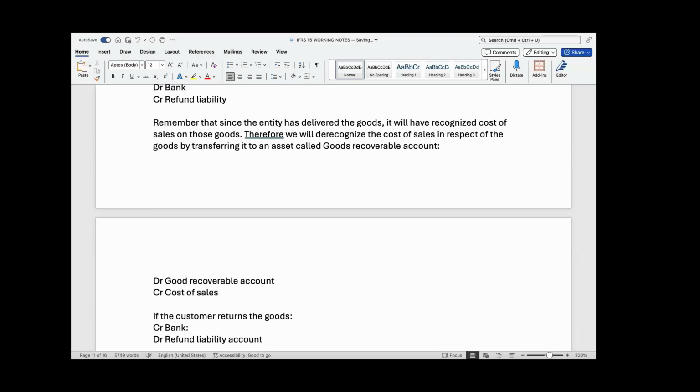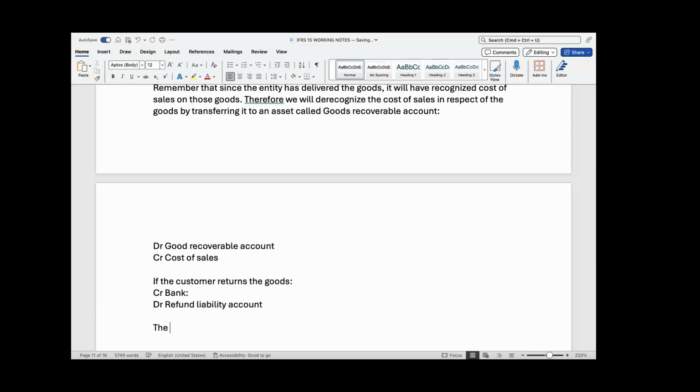And that goods recoverable account can be closed out to inventory. So you just take it back to inventory and remove it from your books.